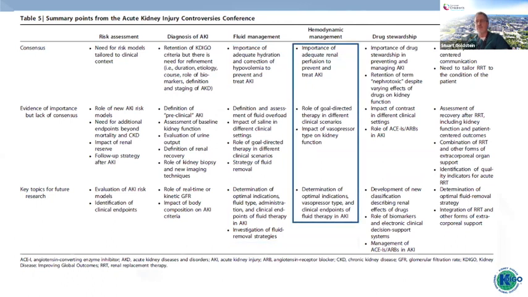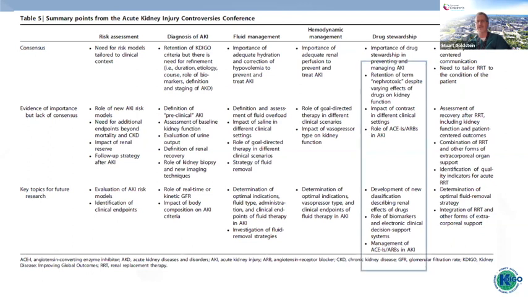Hemodynamic management needs to become much more precise and individualized in the way that we manage the hemodynamics of a patient with AKI, especially in different scenarios. COVID is a very different situation compared to other diseases that cause acute kidney injury.